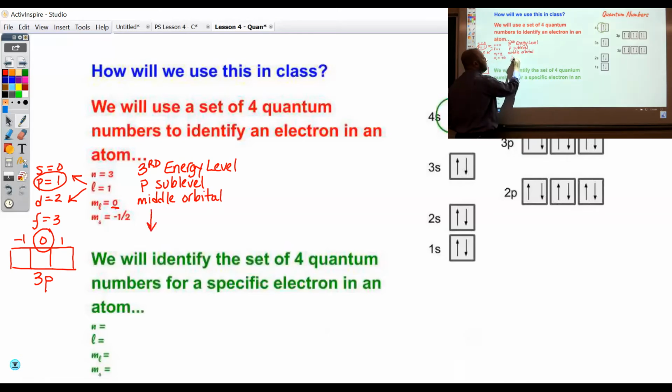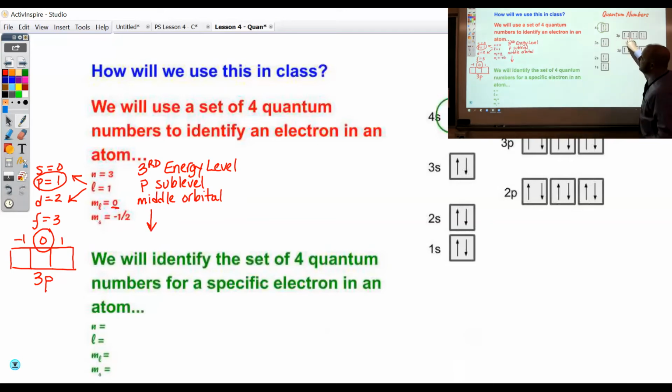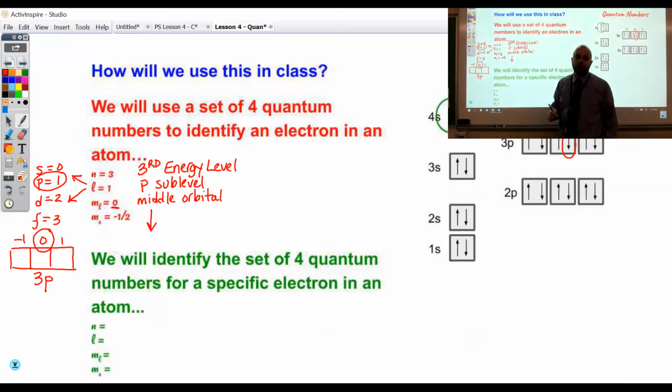So that means our arrow is pointing down. So if we are to identify this electron, we're going to go to the 3rd energy level, which is right here. We're going to go to the P sublevel. So that's this one right here. We're looking at the middle orbital, again, because this is -1, 0, and 1. And we're looking at the electron that is pointing down. So this electron is identified by this set of 4 quantum numbers.